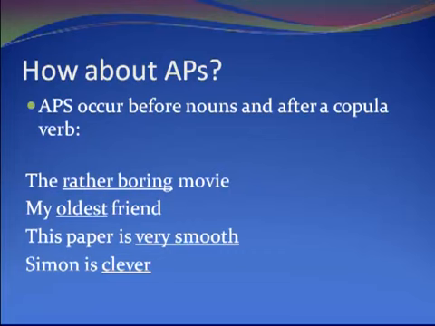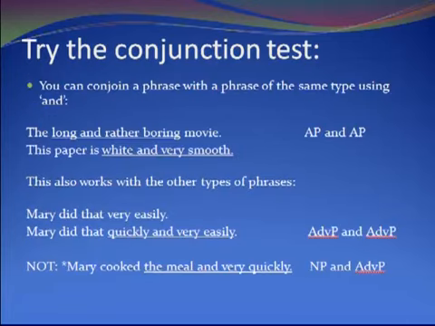Now, is there a test for adjective phrases? Well, you could try the conjunction test. It's one you also have to be a bit careful with, but when used properly it works well, because you can conjoin a phrase with another phrase of the same type using and.